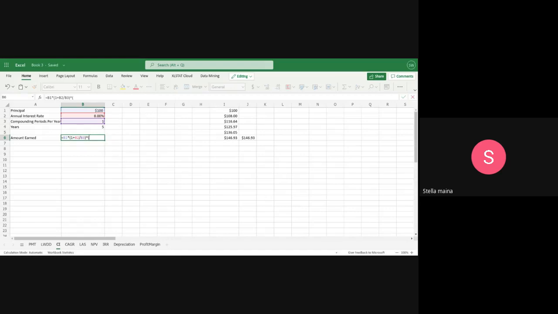So it's going to be B3 times B4. With that, you can see that the amount earned is 146.93, which is just what we got before.